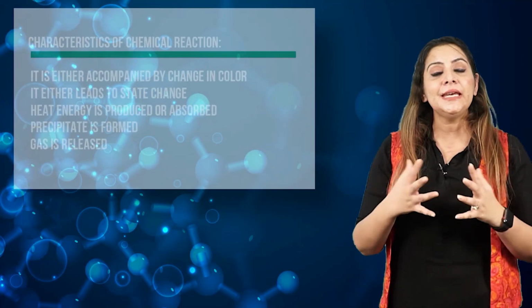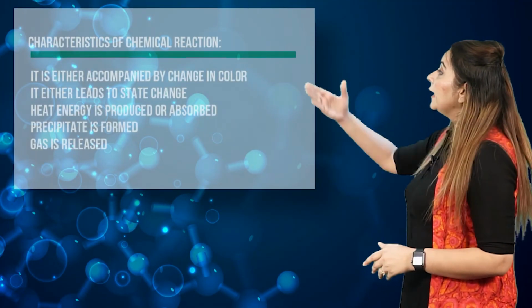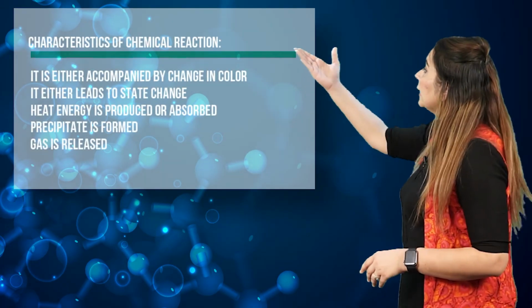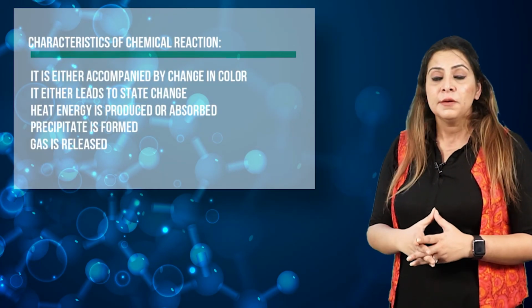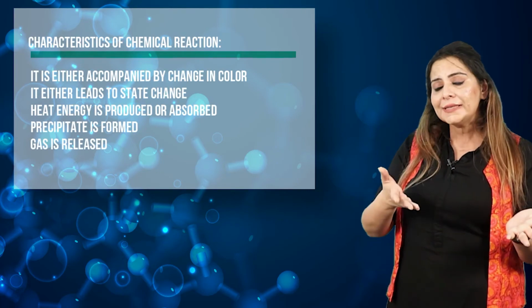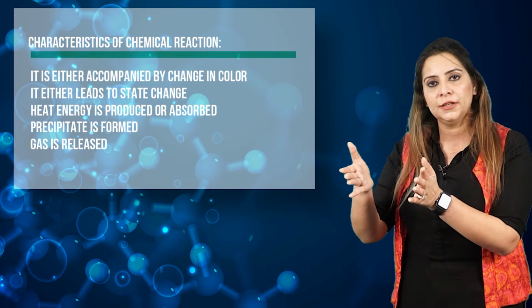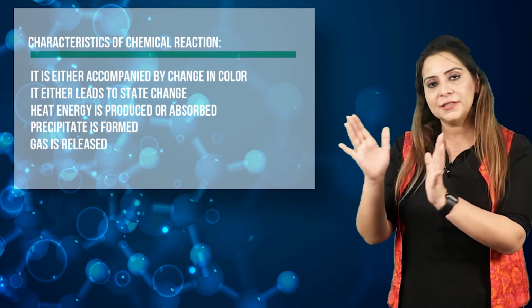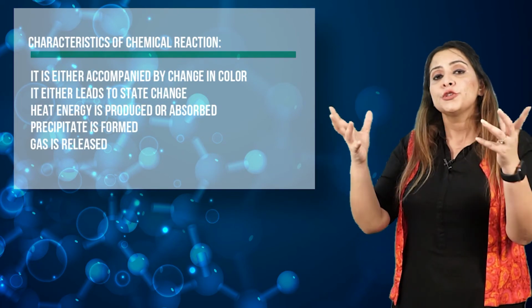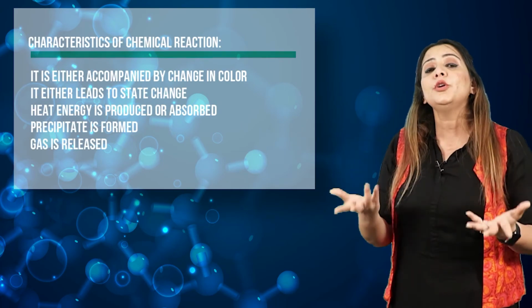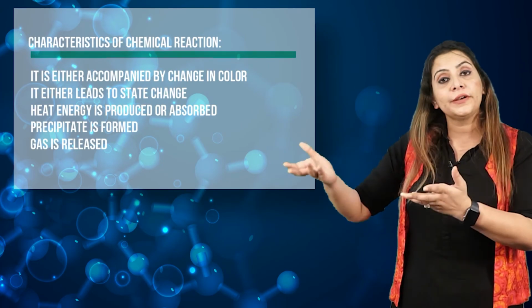So I think you are clear about the characteristics. Let's sum up all the characteristics that we can see in a chemical reaction. There can be a change in color, and there can be a change in state. For example, if I react hydrogen with oxygen, hydrogen is a gas and oxygen is a gas at room temperature. When you react H2 and O2, we get water, but water is a liquid.